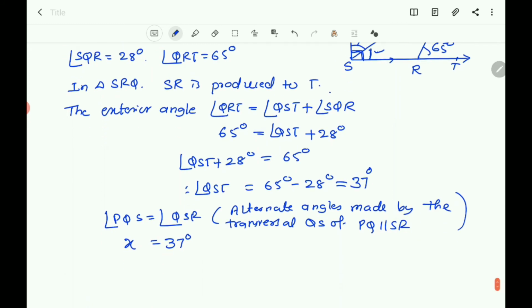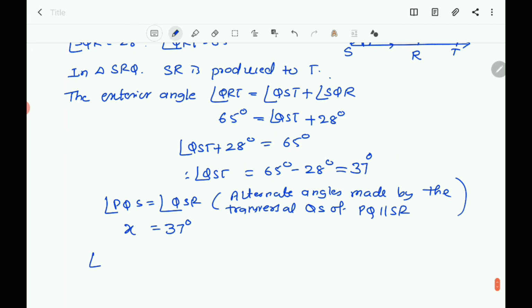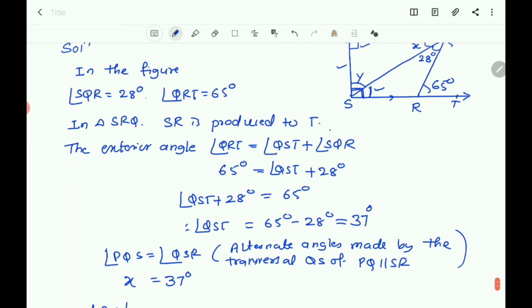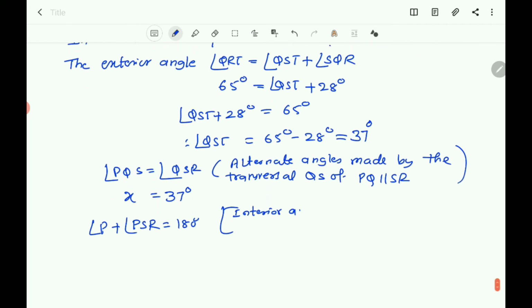So you take angle P plus angle PSR is equal to 180 degrees. What are they? Interior angles on the same side of the transversal.